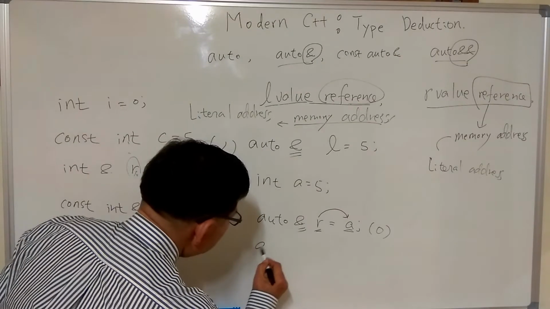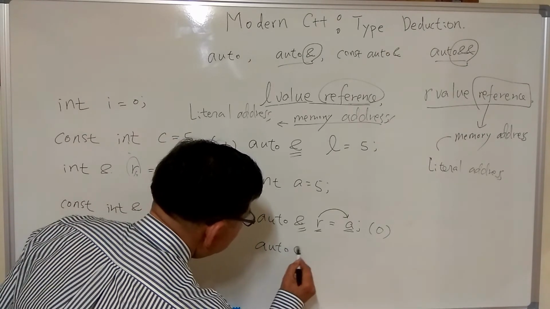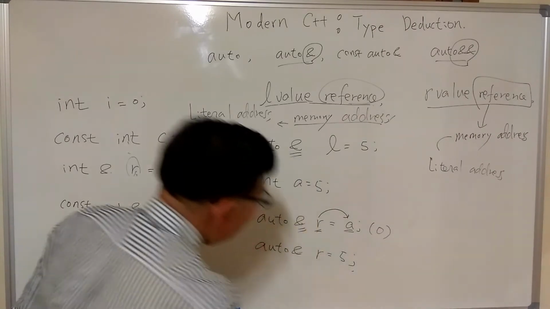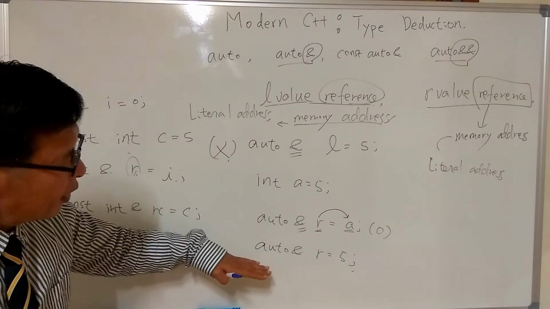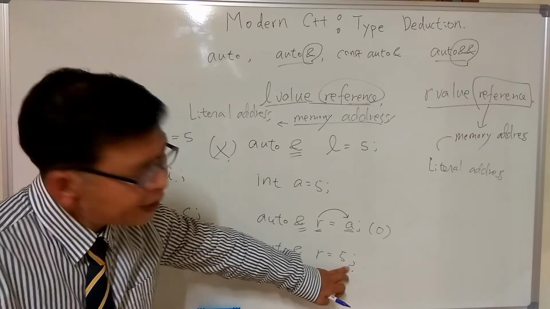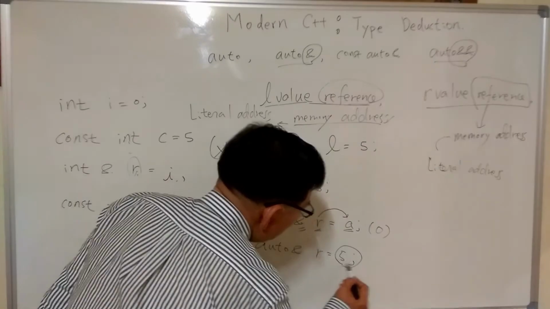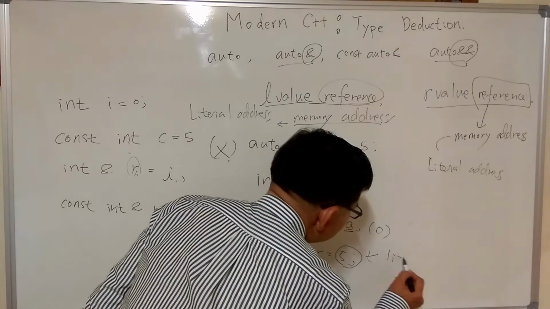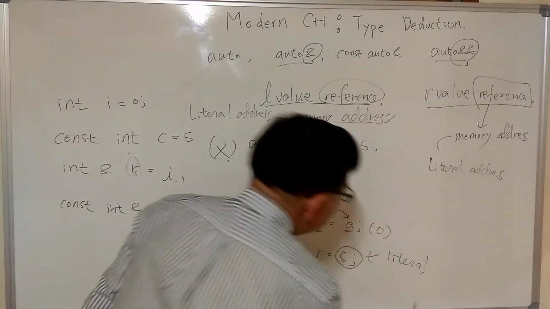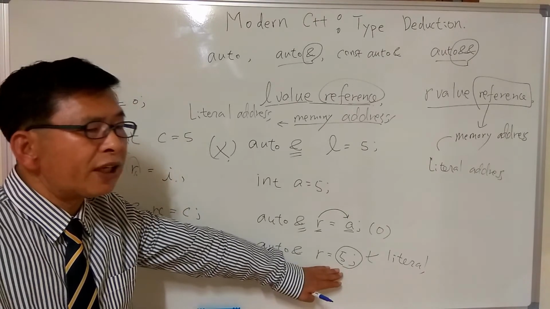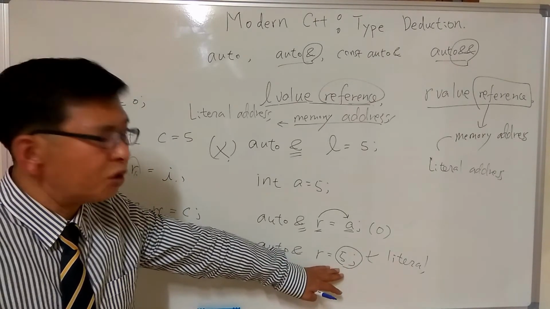Now let's see why this doesn't work. In this case, it actually has a memory location. Number 5 is called a literal. It actually has a memory location, but that memory location expires soon.